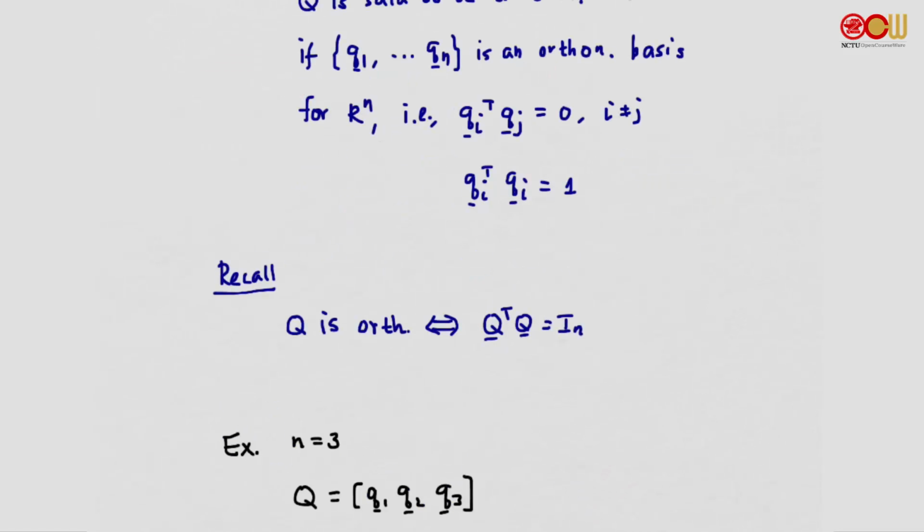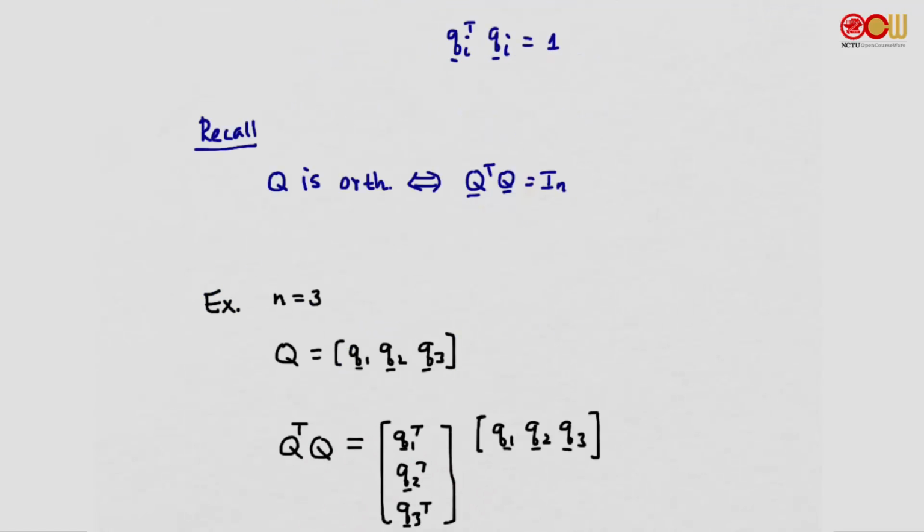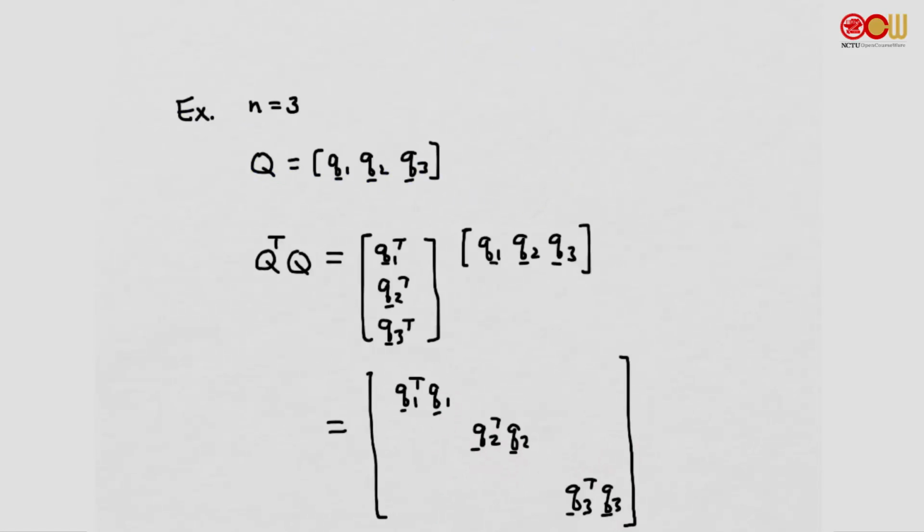Let's go over this property for the case n is 3. Q has 3 column vectors, and we form the product Q transpose Q. Here's Q and here's Q transpose. The (1,1) entry will be Q1 transpose Q1.